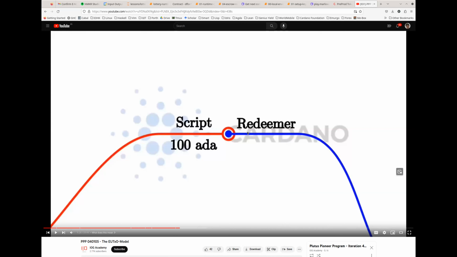So now in the extended UTXO model, if there's not an address but a script, a so-called script address, then what the node will do is execute the script, and as input, it will get the redeemer. And then the script can contain more or less arbitrary logic, and then basically answers yes or no. Yes, it's okay to spend me. No, it's not okay to spend me.